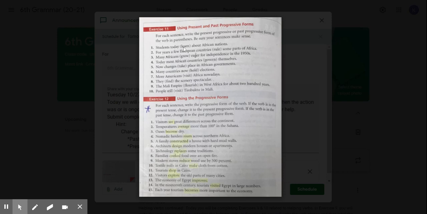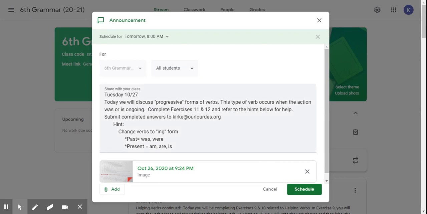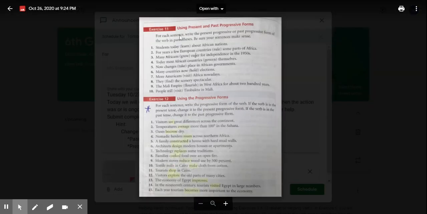So, are learning. Because again, if we go back, we know that it was in present tense. We know that am, are, or is are our only options. We also know that we have to change that original verb to ing. Even though it may read still the same, you're trying to portray that this thing was kind of ongoing at one point or it still currently is. Okay. So that's exercise 11, pretty much for each sentence writing the progressive form of this verb.